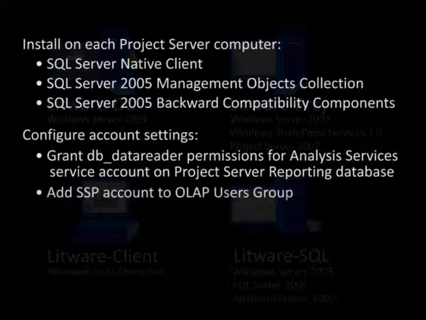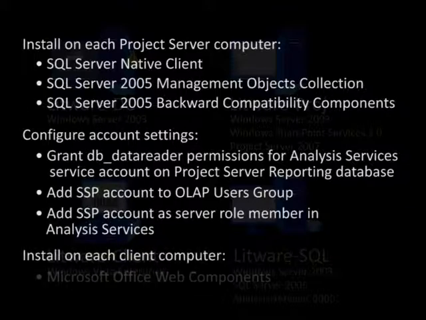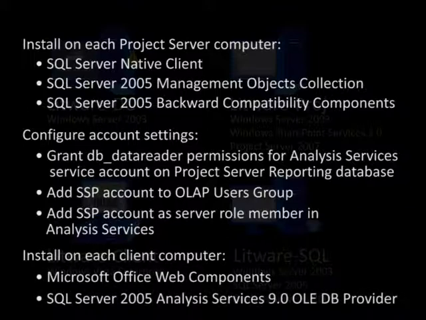We added our Shared Services Provider account to the OLAP Users Group, and we also made that same account a server role member in Analysis Services. And then on the client computer, we installed the Microsoft Office Web Components and the SQL Server 2005 Analysis Services 9.0 OLEDB provider. And of course, we built the cube itself and took a look at some data from the client computer.